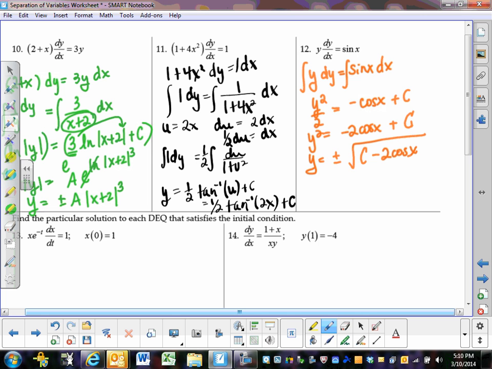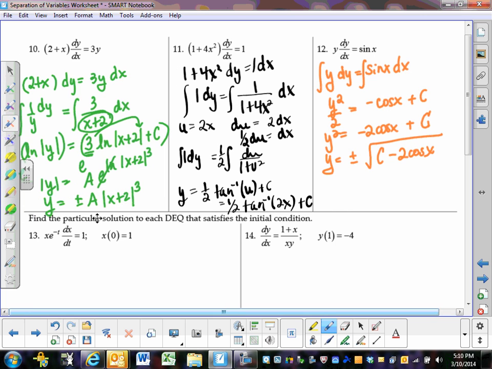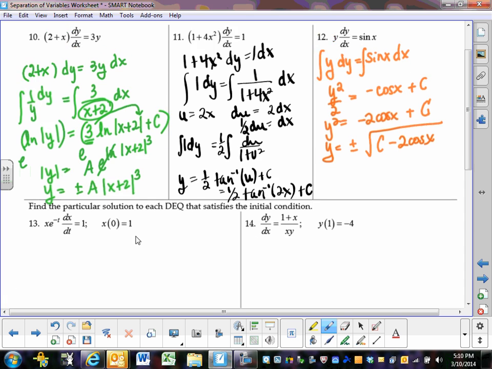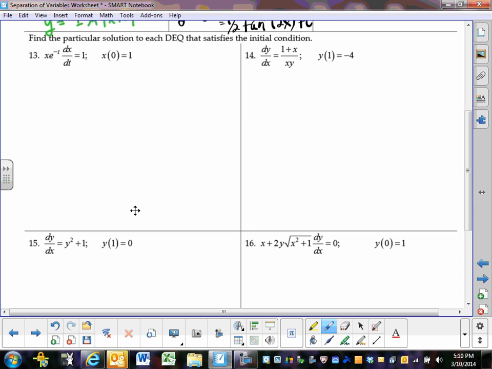Okay, so for this next one, when I cross multiply, I have 1 plus 4x squared dy equals 1 dx. So then 1 dy is 1 over 1 plus 4x squared dx. This is the format for arctangent. So my u is going to be 2x. My du is going to be 2 dx.